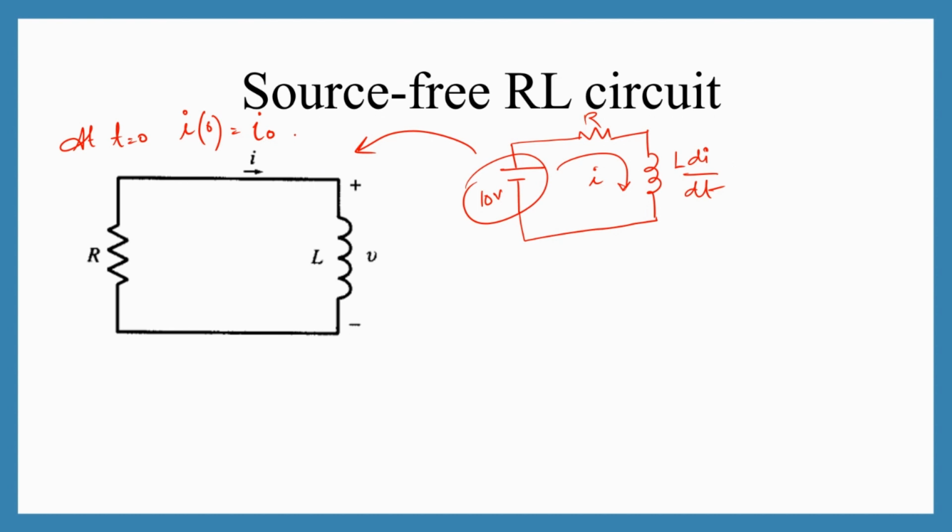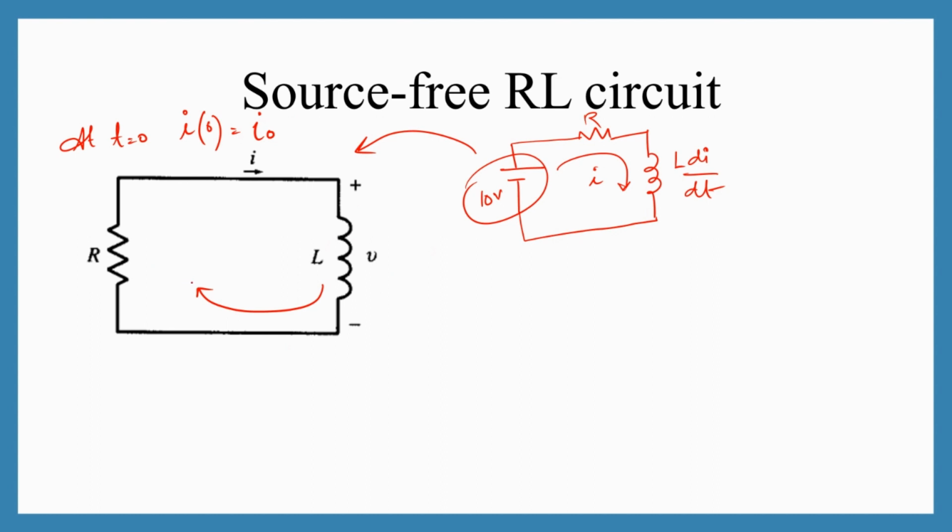Once that happens, we disconnect it and get the source free circuit. Now there is some I naught already flowing through this inductor, but since there is no source available, the magnitude of this current is going to decrease. So it is going to decay, and the decay will happen in an exponential manner.